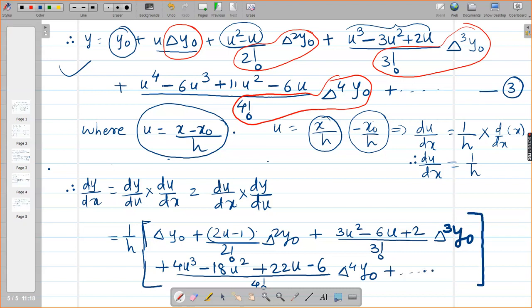So you have to calculate some more terms if your data requires it. If your data has only 5 points, then it's okay that you calculate up to delta raised to 4.